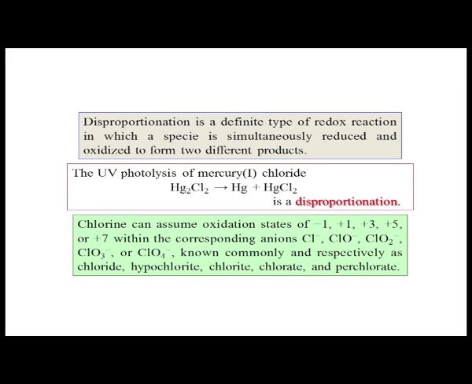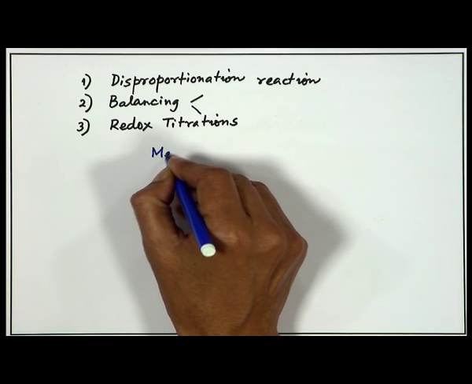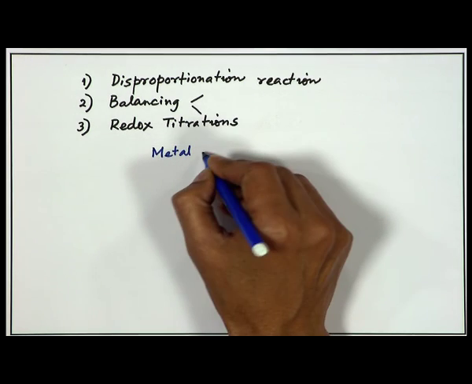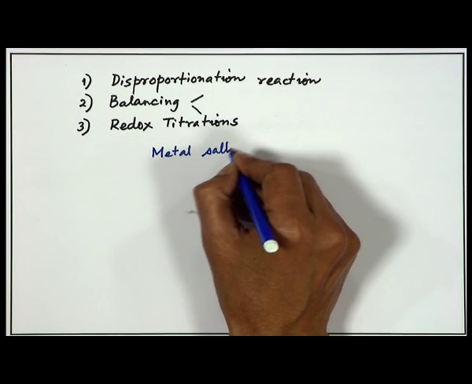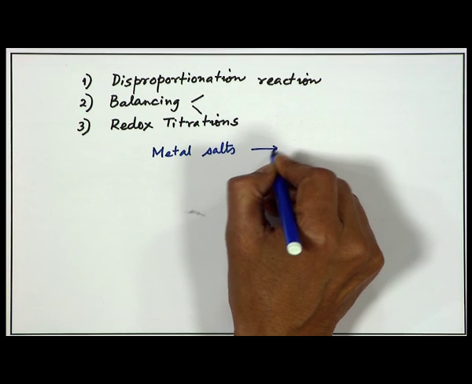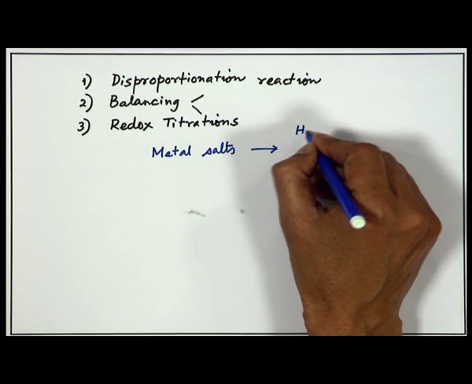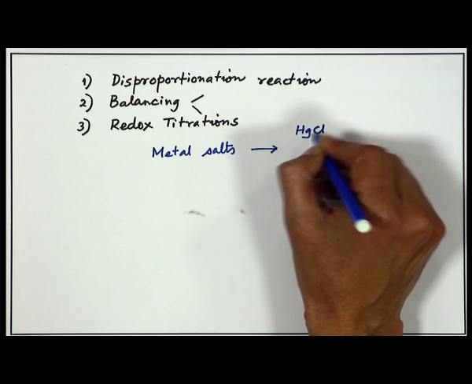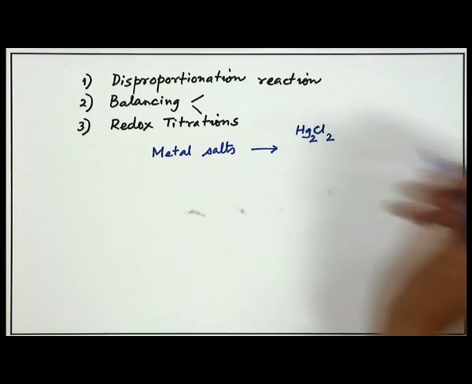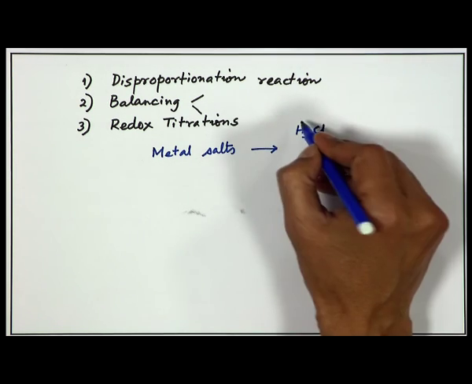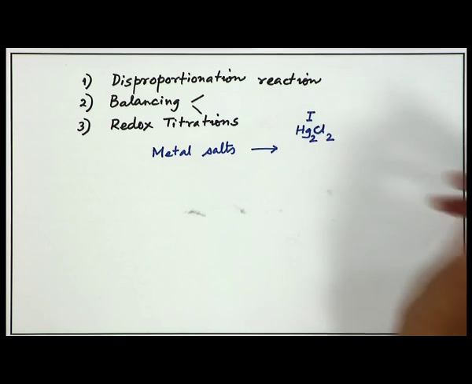So, this is coming from a metal salt, and other metal salts we can also have. If we have metal salts, Hg2Cl2 is the mercurous chloride having an intermediate oxidation state.